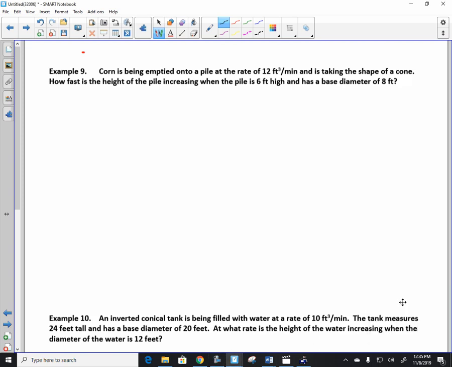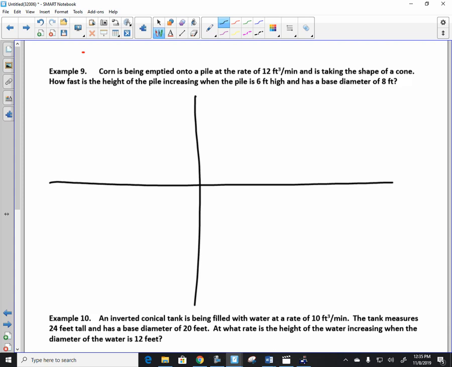Let's do it. We got corn. Corn's being emptied. It's like right in the middle of harvest time. Corn's being emptied out onto a pile, so it makes like a cone, right?